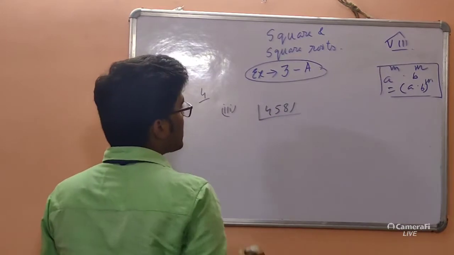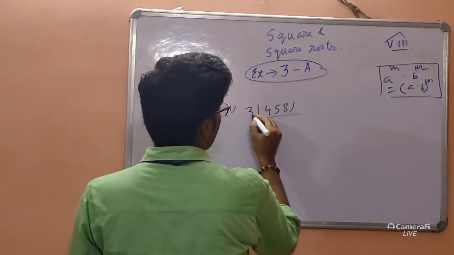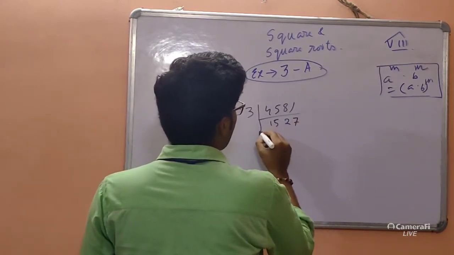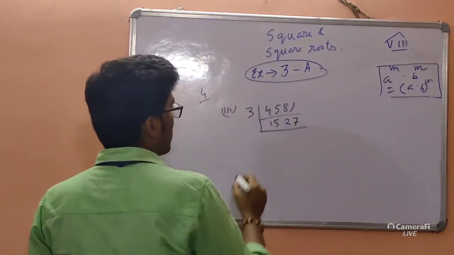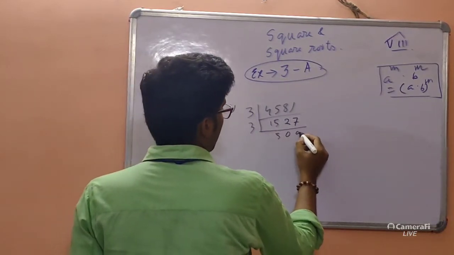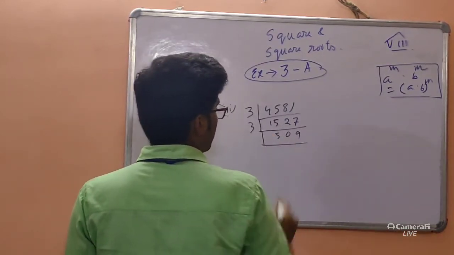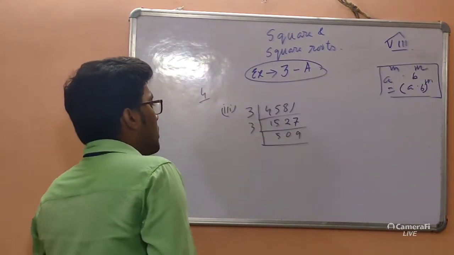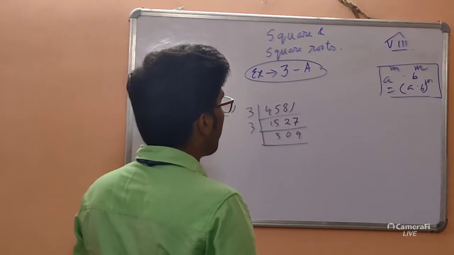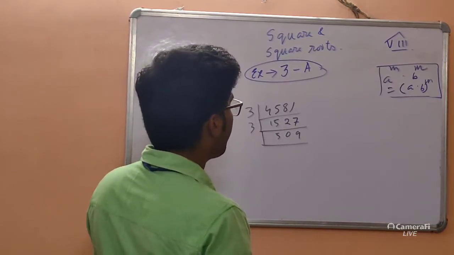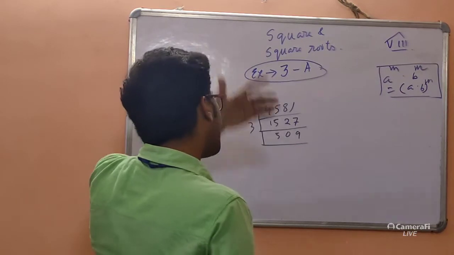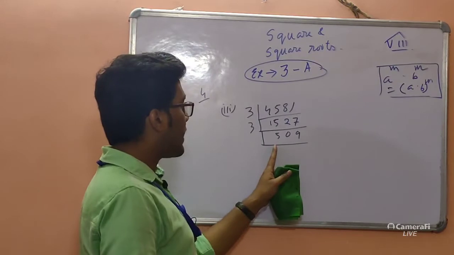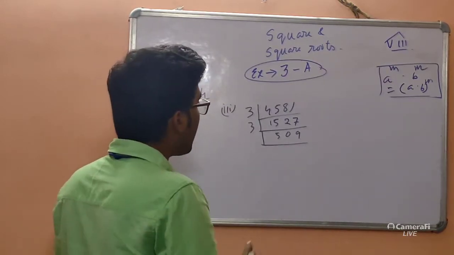Similar way, we'll factorize first. So we have here 509.